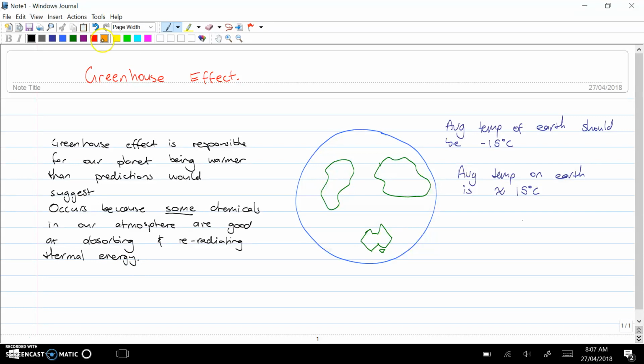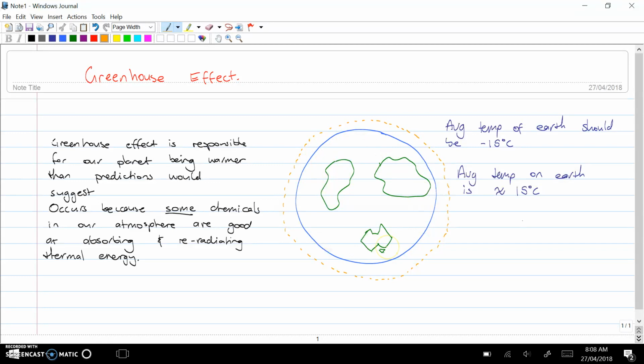Our atmosphere is not as thick as I'm making out on our drawing. If our planet was a basketball, the atmosphere would be maybe the thickness of a couple of pieces of paper. That's not very thick at all.